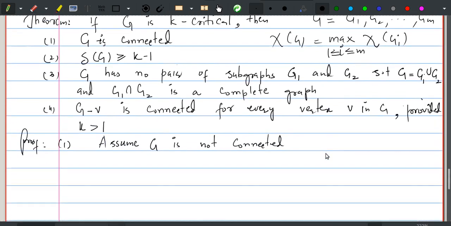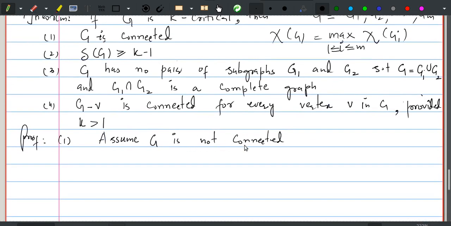Since G is k-critical, chi of G must be equal to k.